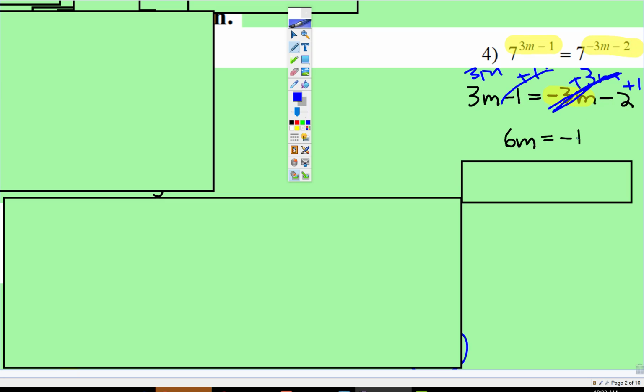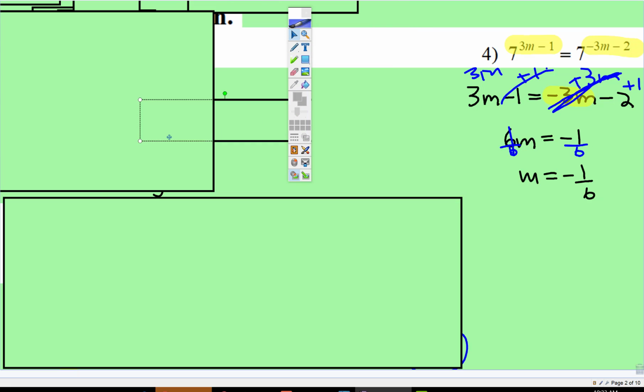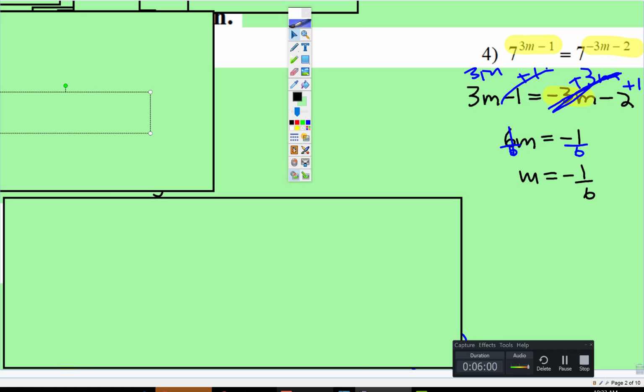Negative 2 plus 1 is negative 1. And then the last step, you'll divide both sides by 6. That cancels. And so m is equal to negative 1/6, and then you'd go ahead and check your answer. All right, that's it for this one.